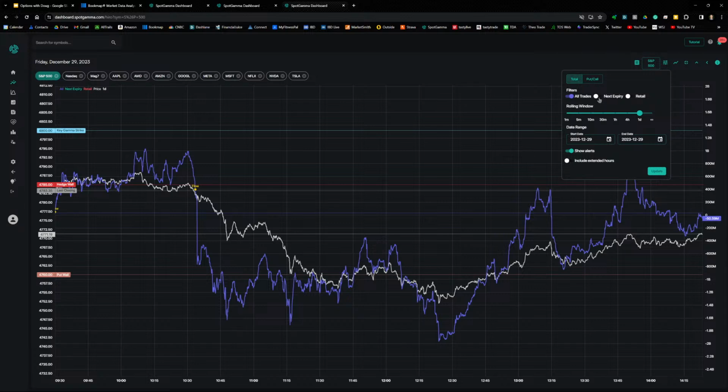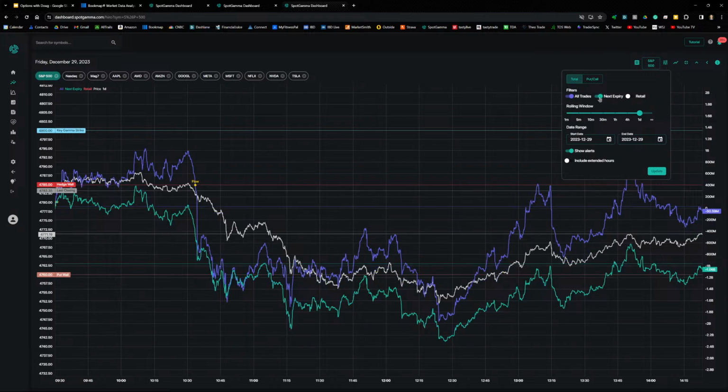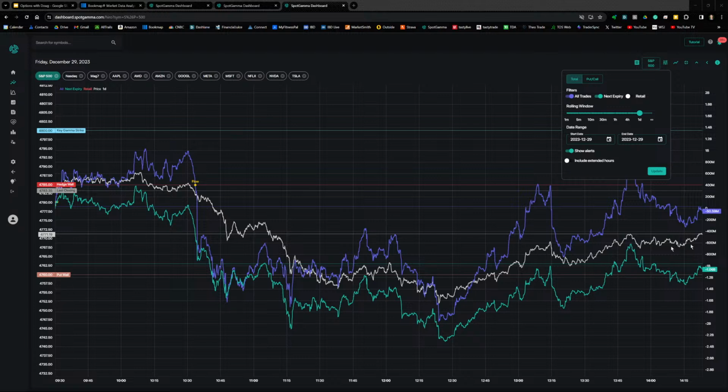Let's take a look at next expiry. So these would be options trades that expire today. And the notional value for trades that expire today is much more negative. Notional value minus 1.06, that's shown by the green line. I'm sorry, that is the next expiration.